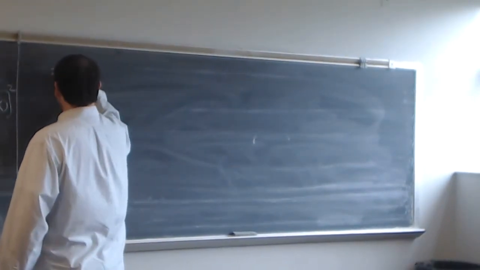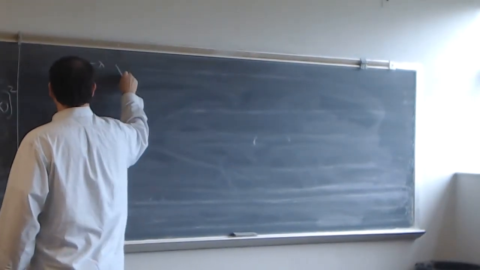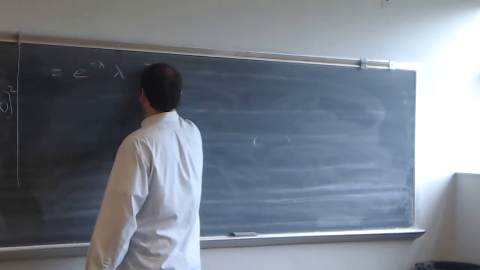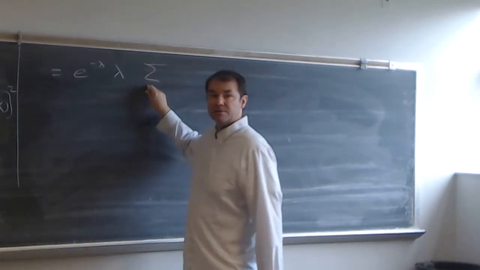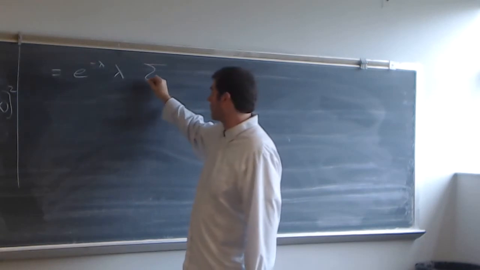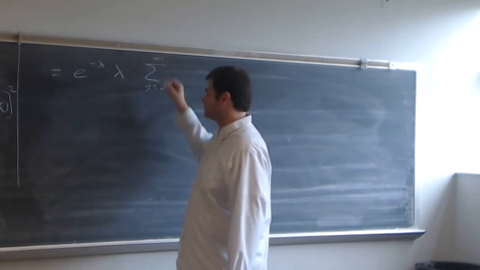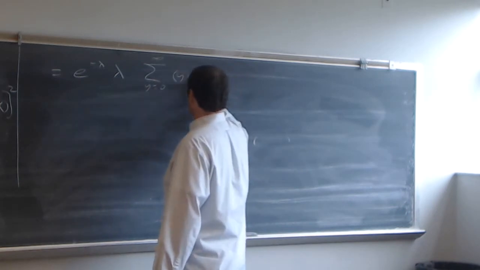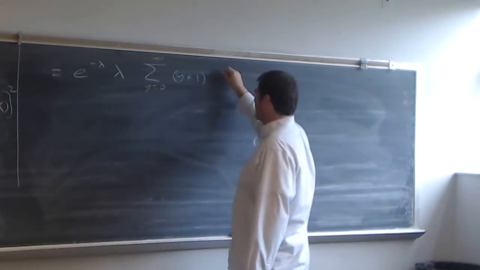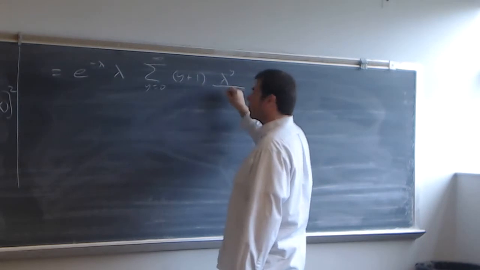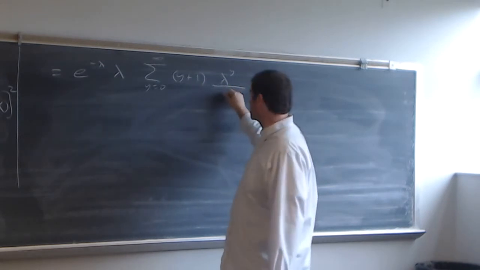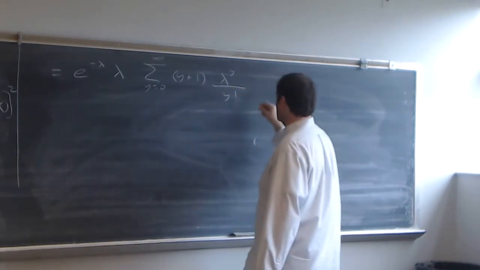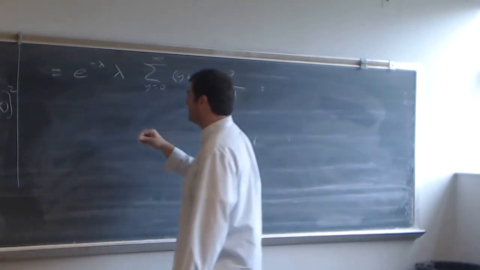That's equal to e to the minus lambda, and there's lambda, that's the sum. The x values ran from 1 to infinity, so the y values run from 1 less than that, that's 0 to infinity. It said x, but x is the same thing as y plus 1. And then it was lambda to the x minus 1, that makes lambda to the y. And it was over x minus 1 factorial, that's just y factorial.